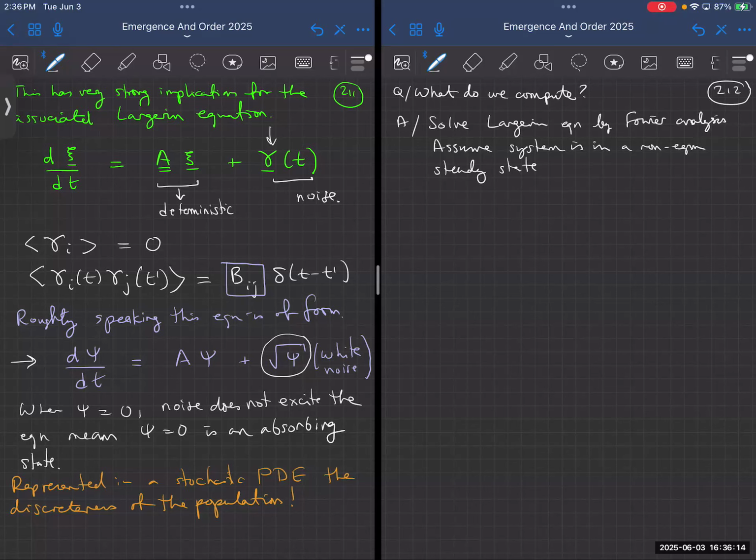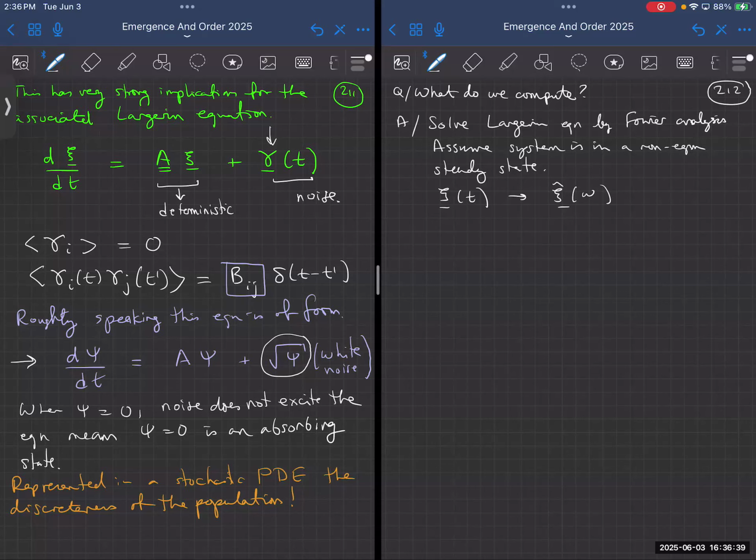And so I can just take a Fourier transform. So my variable psi of t, which is the fluctuation about the mean, which has a deterministic part and a stochastic part, and it's a vector, one for the predator, one for the prey. I'm going to write that in terms of its Fourier transform, psi hat of omega.